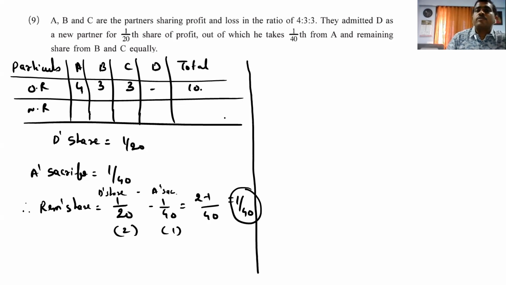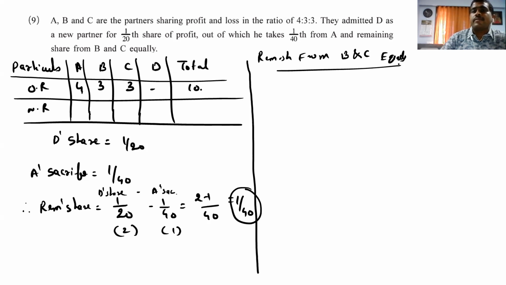Now the remaining share is from B and C equally. So how to do this one? Equally, they are saying.